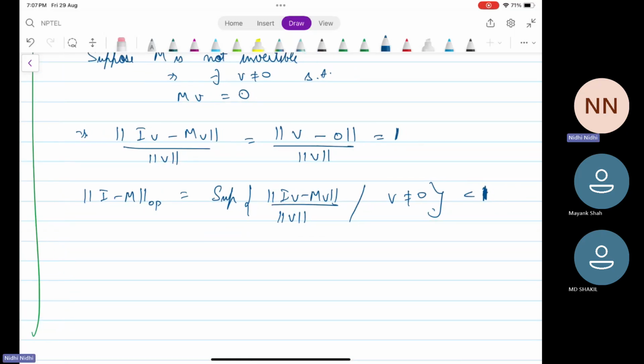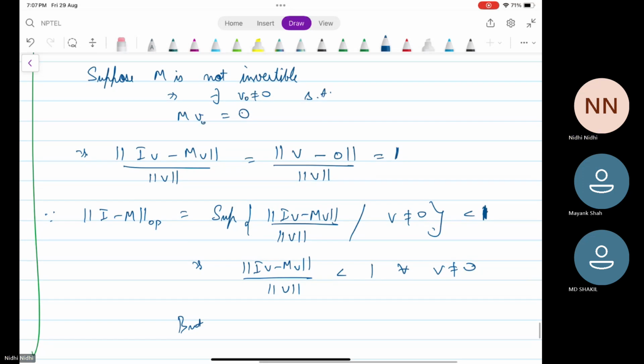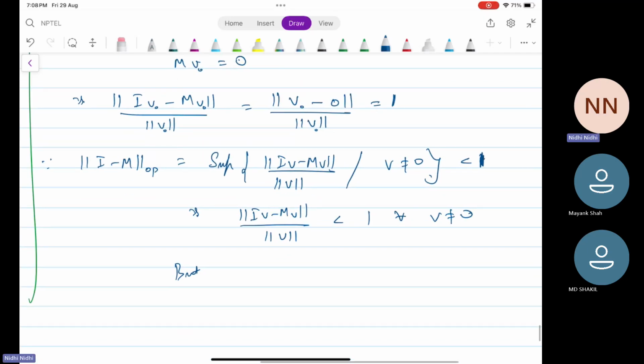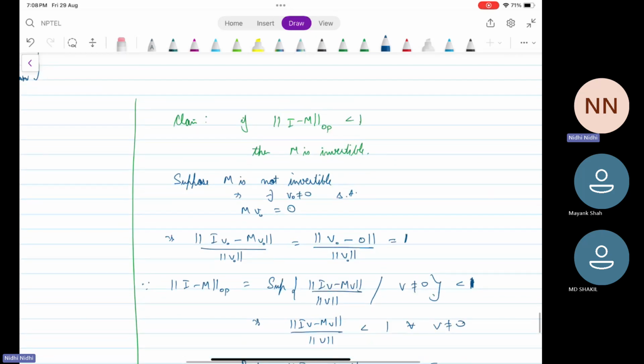If this is strictly less than 1, that means norm Iv minus Mv upon norm v should be strictly less than 1 for every non-zero v, because obviously this term will be less than or equal to its supremum. But if I take this as v naught, then norm of I v naught minus M v naught upon norm v naught is equal to 1, which gives us the contradiction. Therefore, this M should be invertible.